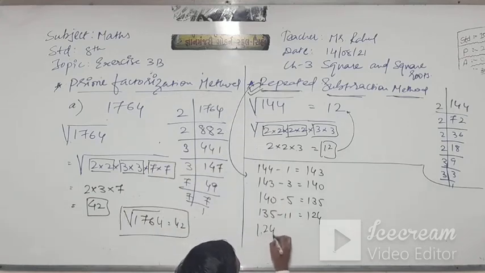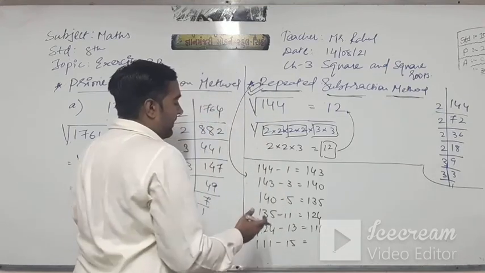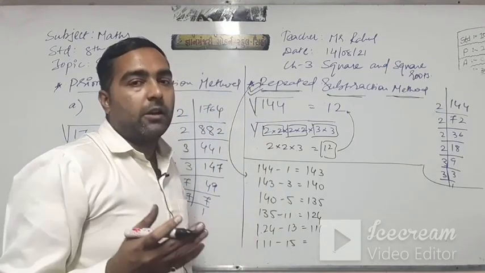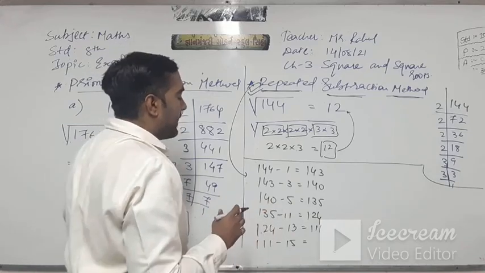So 124 minus 13, that is 111. 111 minus 15, 111 minus 11, that is 100, 100 minus 4, that is 96.